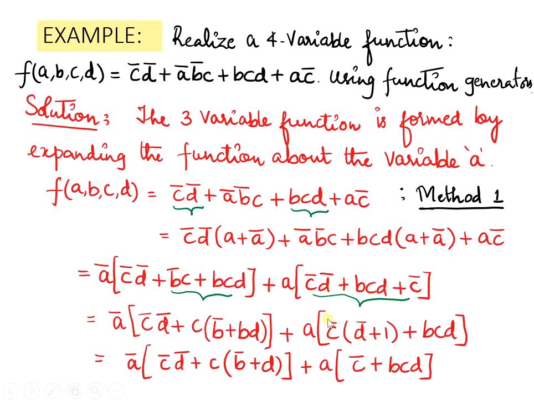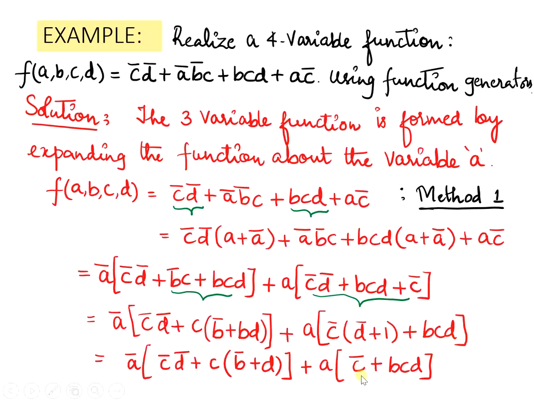So if I take the term BCD here and combine C bar D bar plus C bar, I have C bar to be common and D bar plus 1 is taken together, wherein BCD is kept as it is.